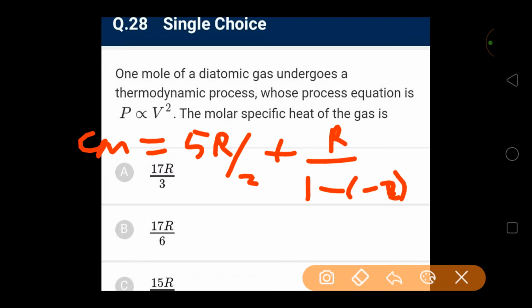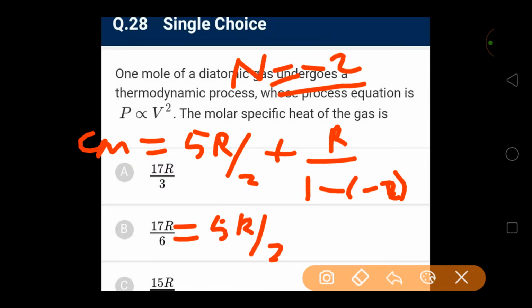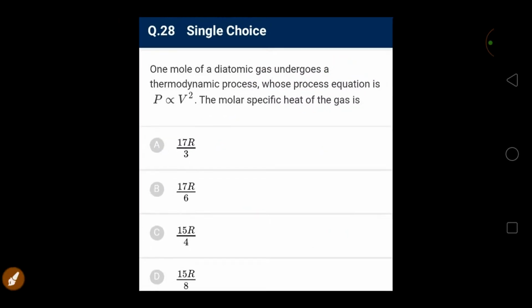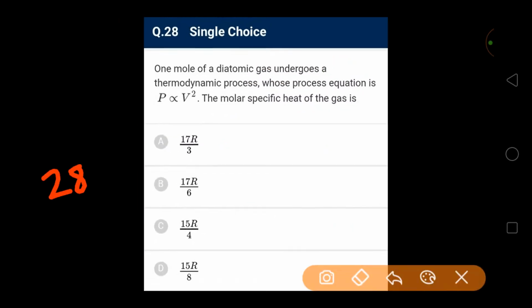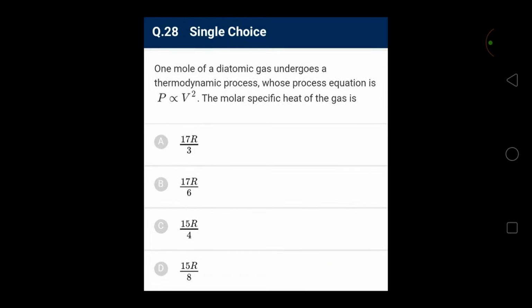We have found n to be minus 2. So 5R by 2 plus R by 3. So by 6, 5 into 3 is 15R, plus 2R, 17R by 6. So option B is correct. So 28 B is correct. Next.